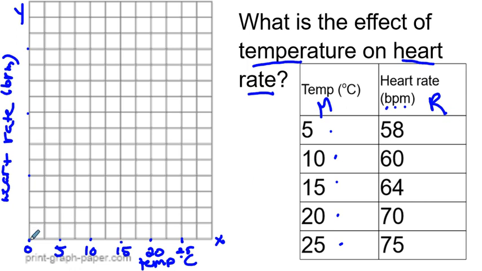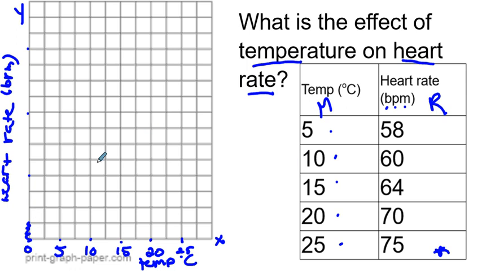In this case, sometimes it helps to draw a scale where you put a little squiggly line here to show that you're skipping a few numbers. So instead of starting at 0 and counting 5, 10, 15, 20, 25, 30, because we have to get all the way up to 75 at least in order to include all those results, what we can do then is draw our little squiggly line to show that we're going to be skipping some numbers.